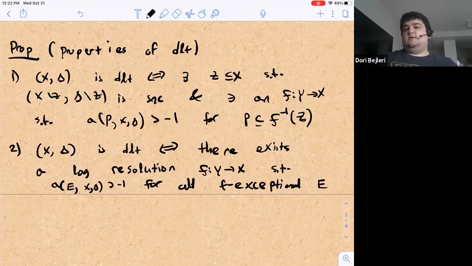So this one is saying that you're DLT if and only if there exists a resolution where the discrepancies on all exceptional divisors of that resolution are greater than −1.